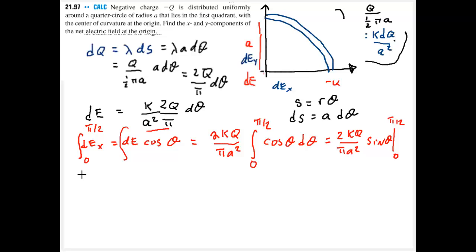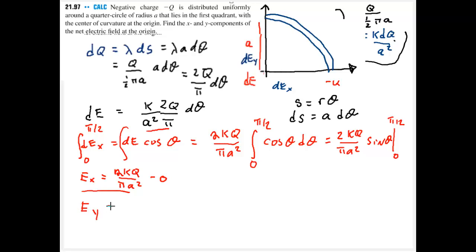It's very easy to evaluate sine theta at pi over 2 and 0, so now we finally have Ex, which is going to be equal to 2 multiplied by k multiplied by q divided by pi a squared. Sine of pi over 2 is 1, and sine of 0 is 0, so we have the x component expression.